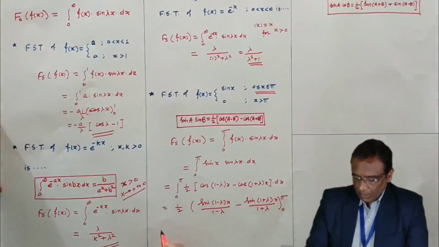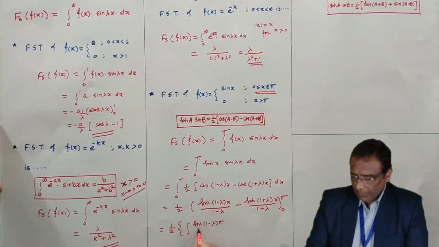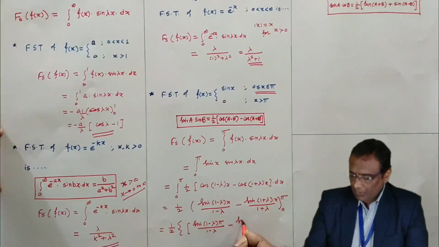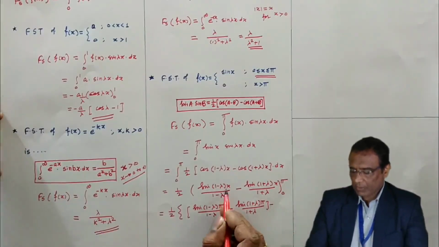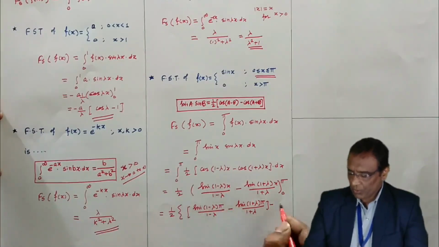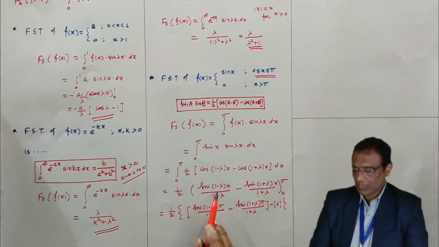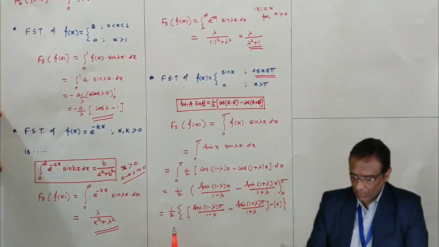Put upper limit and lower limit: 1 by 2 [sine of (1 minus lambda) pi by (1 minus lambda) minus sine of (1 plus lambda) pi by (1 plus lambda)]. And if you put x equal to 0, sine 0 is 0, so I am writing 0 here for x equal to 0.